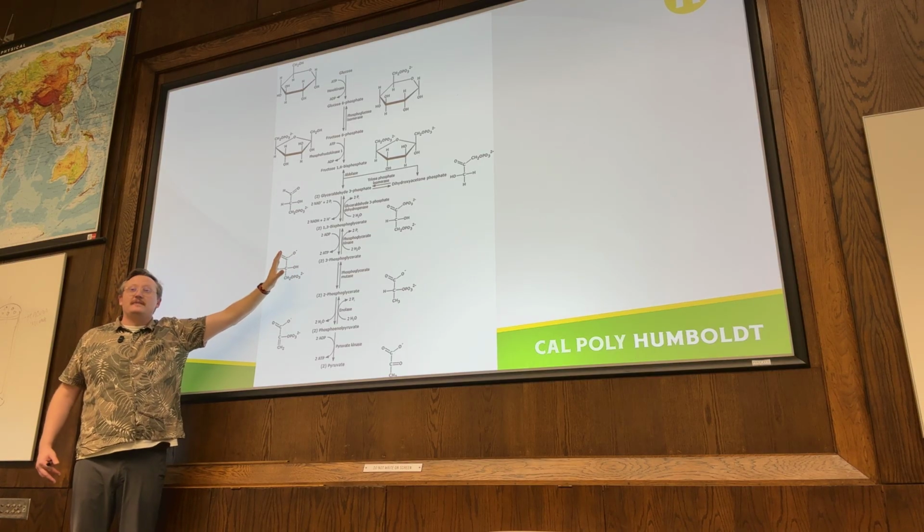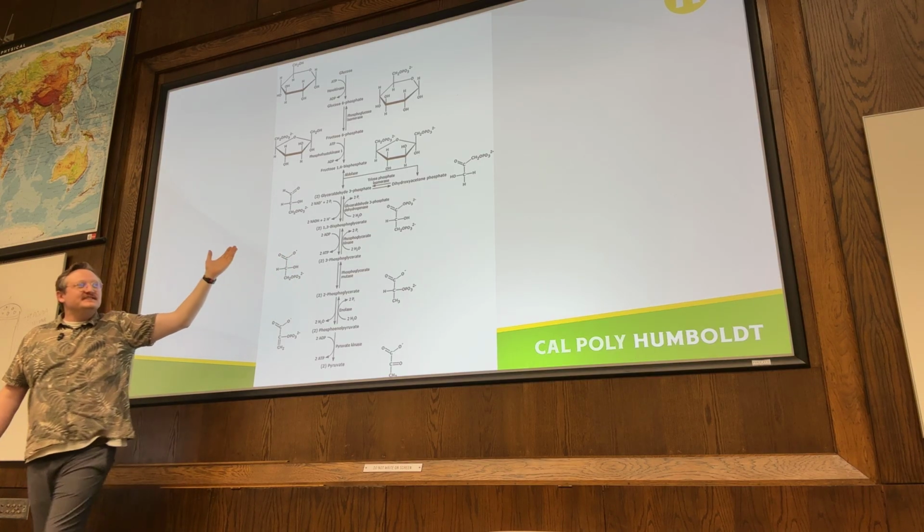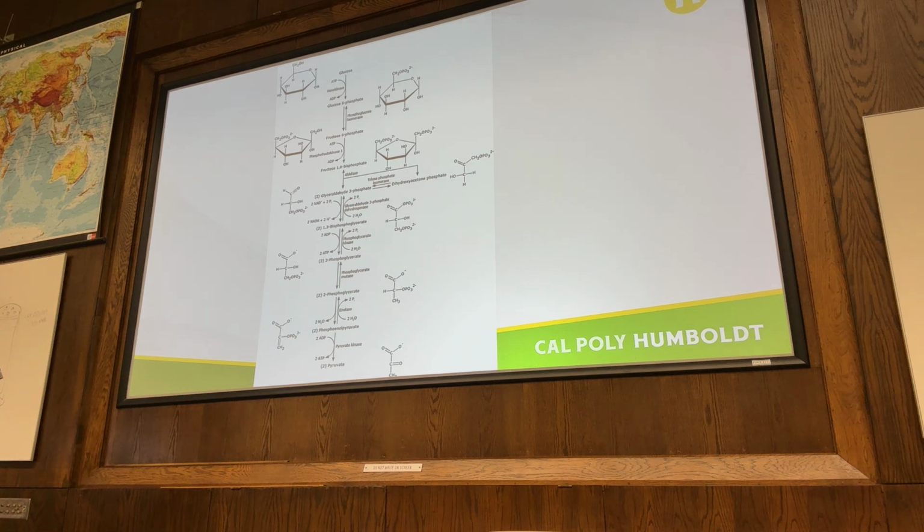I'm pretty sure this is the full pathway right here. So it's not as bad as some pathways, but to just go from glucose to pyruvate, which is basically just breaking it in half, it's pretty intense. Yeah, exactly. This is not all of cellular respiration, right?